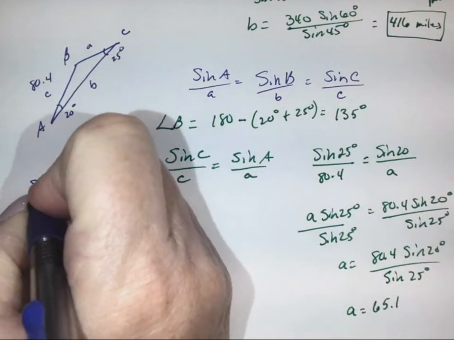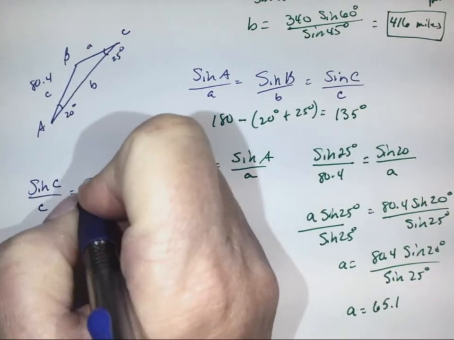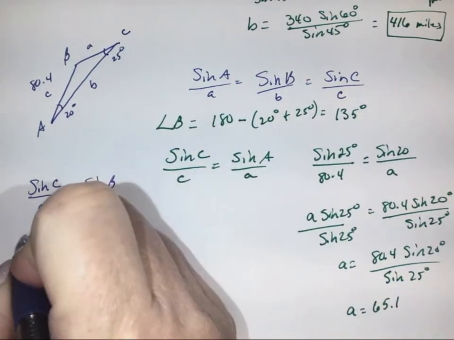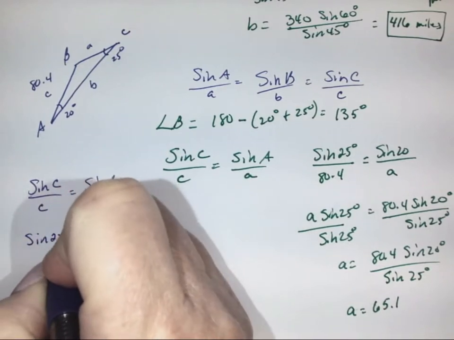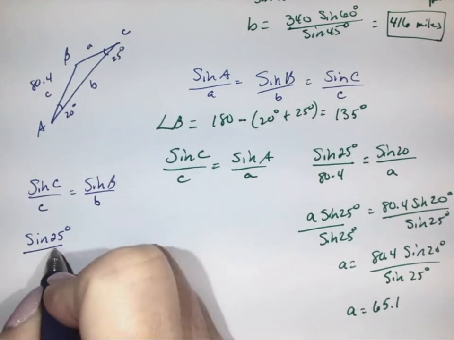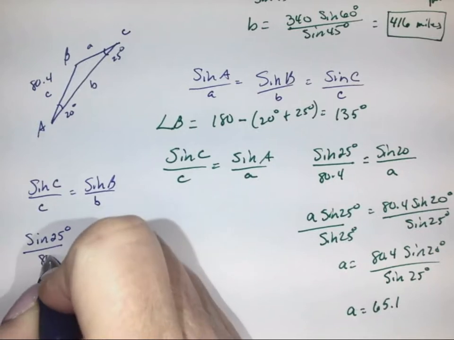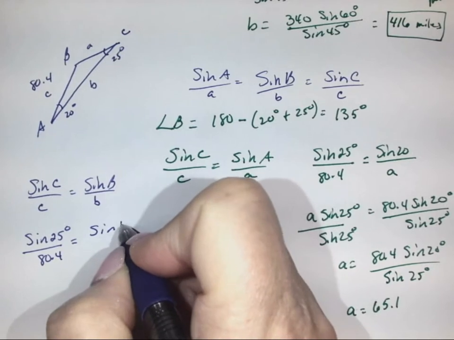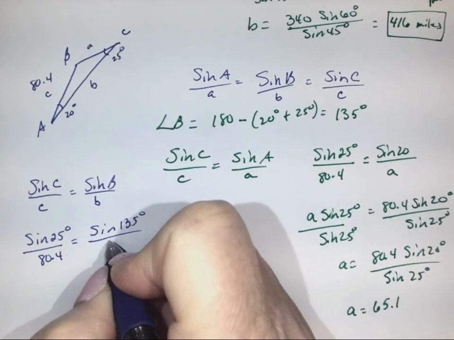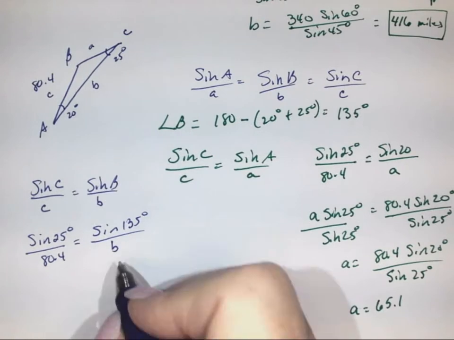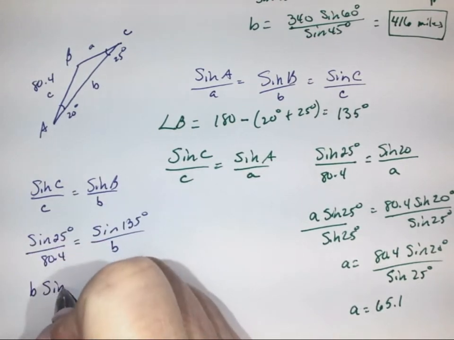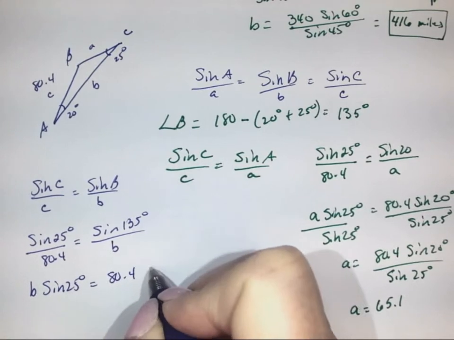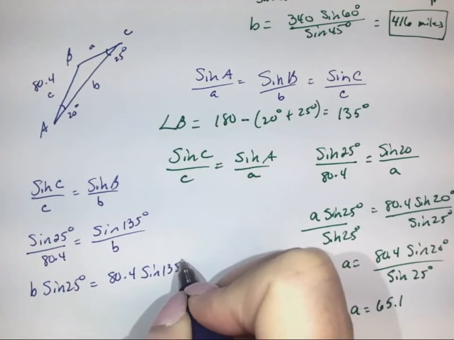So we're going to do sine of C over C is equal to the sine of B over B. So we'll have the sine of 25 degrees divided by 80.4 is equal to the sine of 135 degrees divided by B. Cross multiply, we get B times the sine of 25 is equal to 80.4 times the sine of 135.